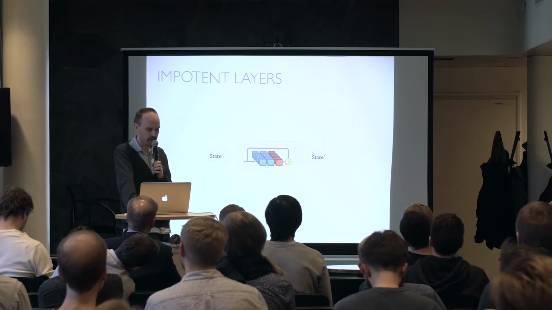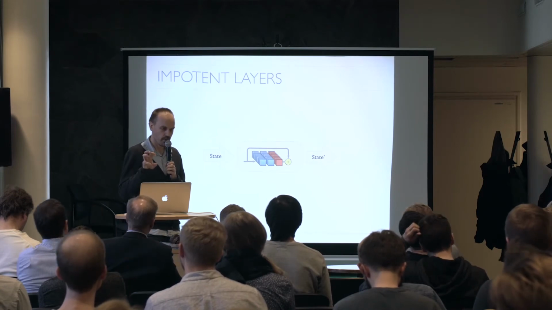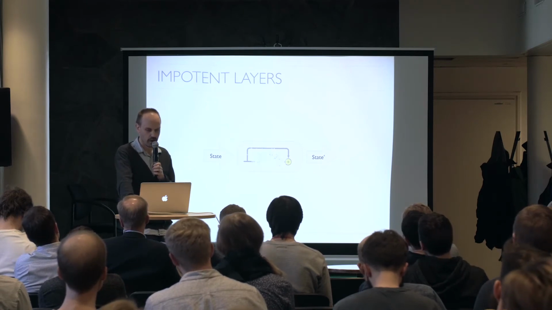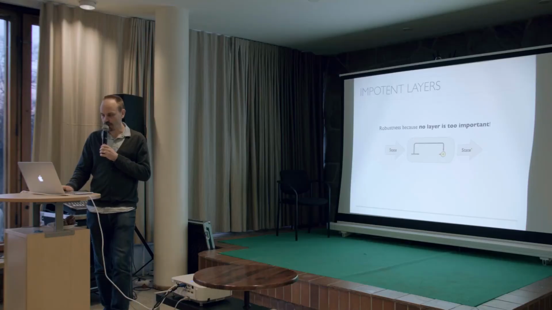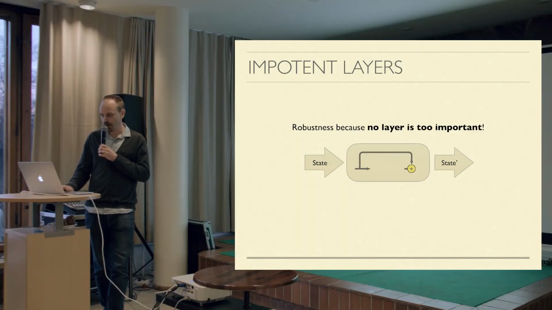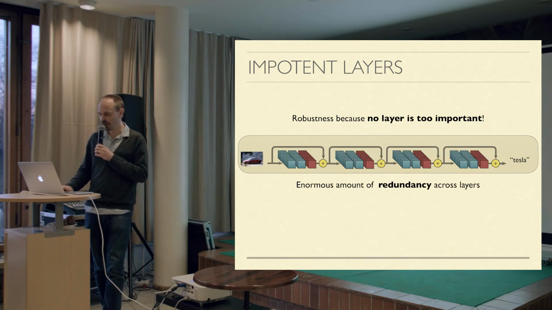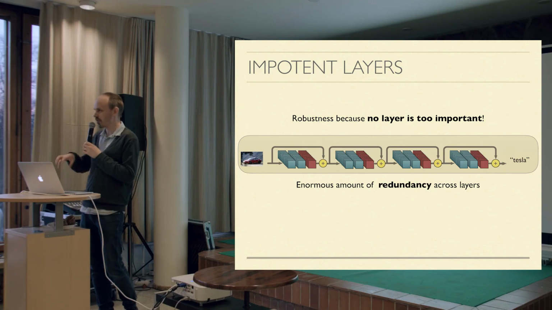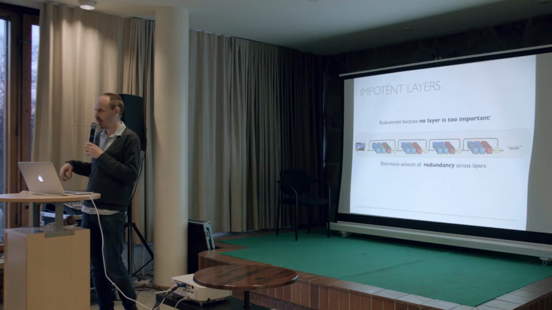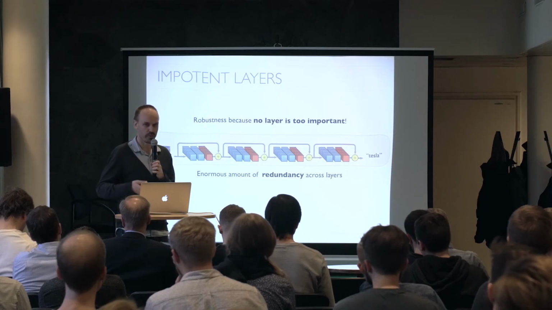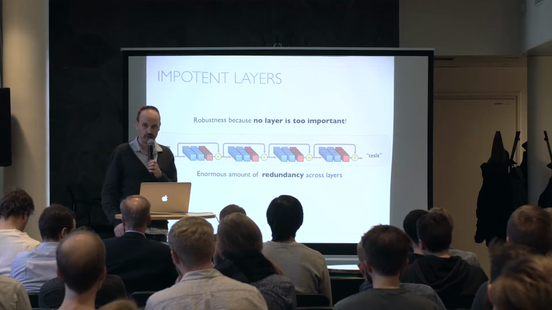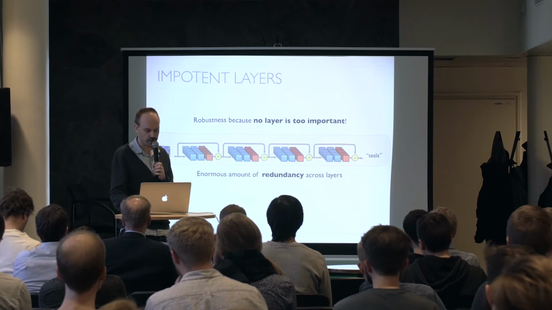Well, I think the idea is that with stochastic depth, we don't rely on any of the layers, because none of the layers is too important, but it also causes an enormous amount of redundancy across the layers. So the parameters that each of these layers has to encode are pretty much the same information or related information. So there's a lot of redundancy across all these layers.